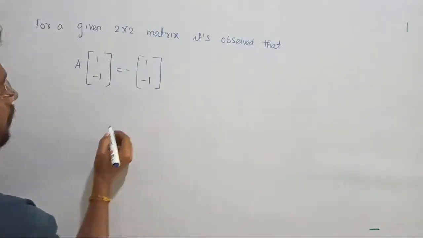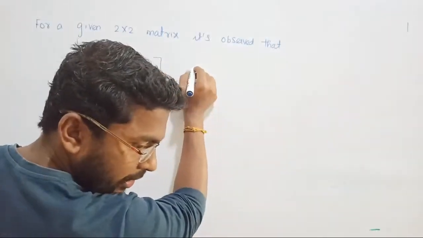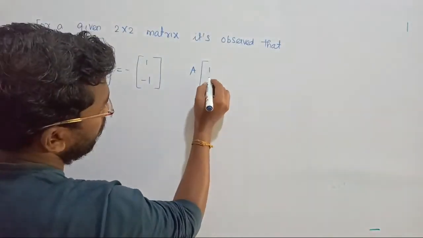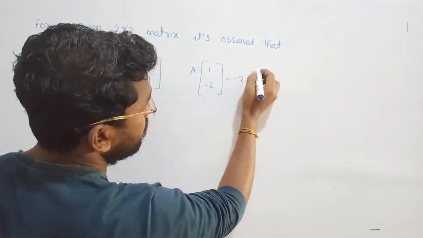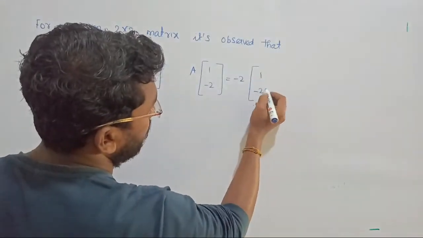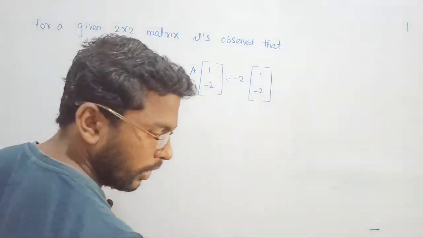I think they got, right? Similarly, the second equation they got A into 1 minus 2 equal to minus 2 times 1 minus 2.